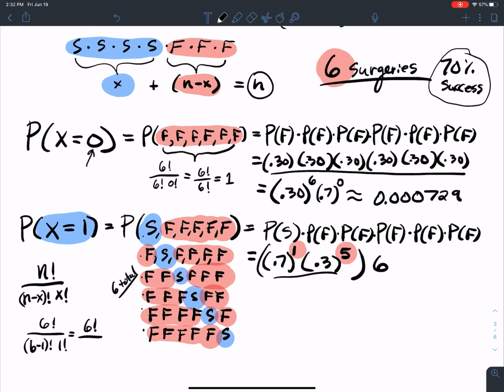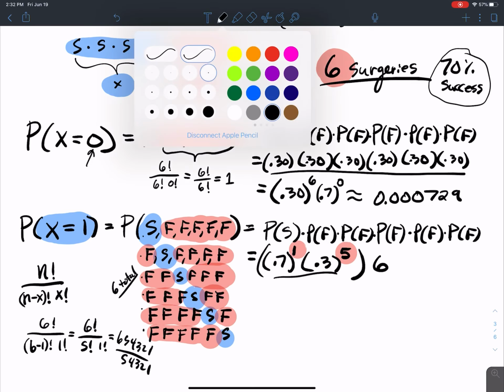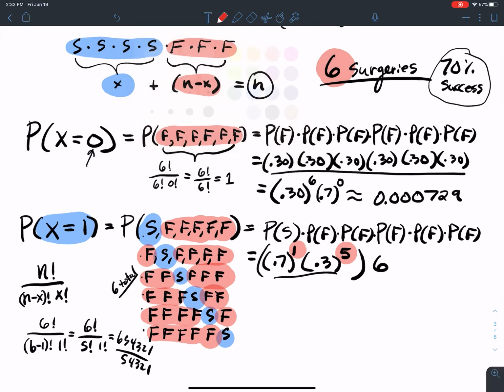So 6 factorial over 5 factorial. 1 factorial is 1. So this ends up being just 6 times 5 times 4 times 3 times 2 times 1 over 5, 4, 3, 2, 1. And the 5s cancel, the 4s cancel, the 3s cancel, and the 2s cancel, and all I have left is the 6. And that's where that 6 total comes from.